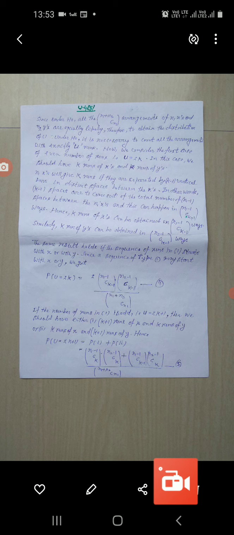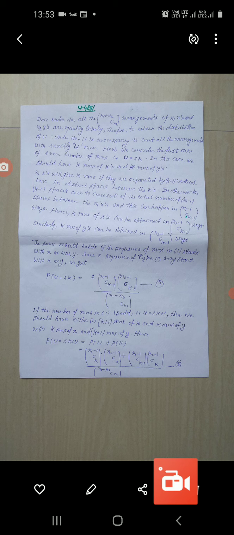The same result holds if the sequence of the runs, as shown in 1, starts with x or with y.